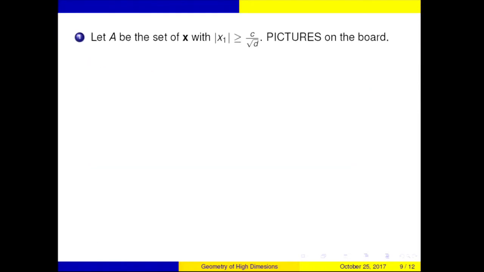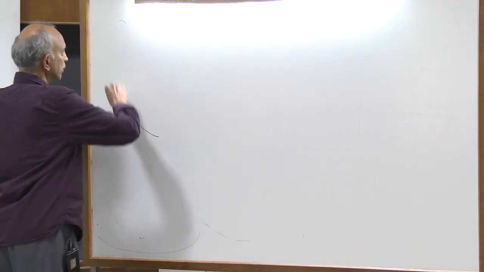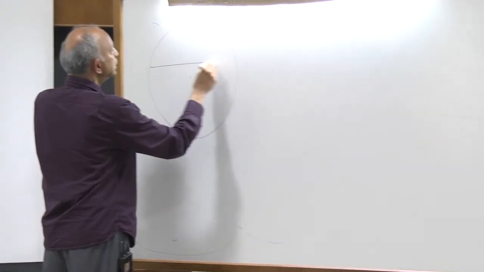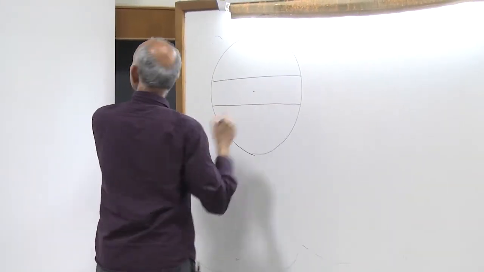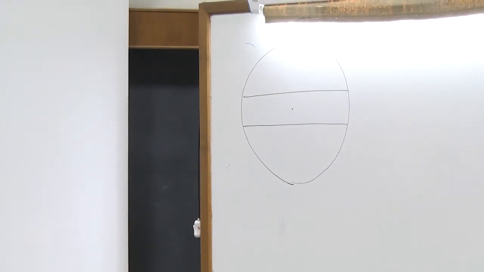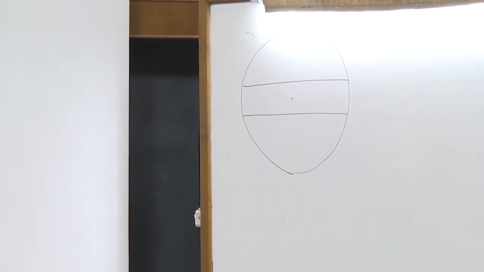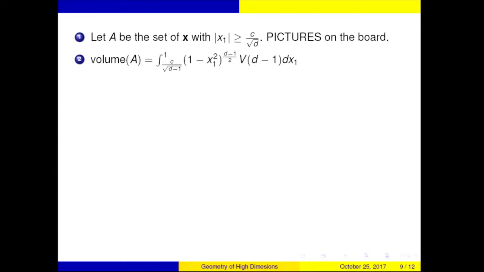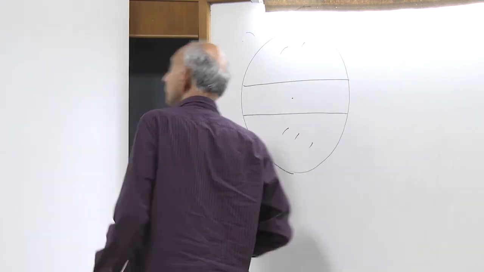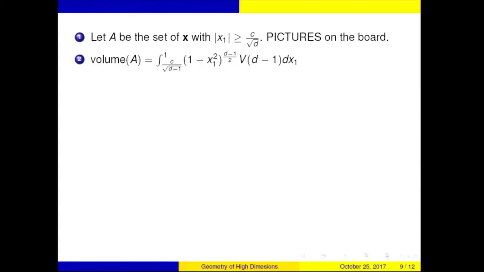So I should draw a picture on the board, so I'll erase this. So I'm going to find the volume of the following set. What is the set? A is the set of y so that x1 is greater than or equal to c over root d minus 1. This is all A, both top and bottom.